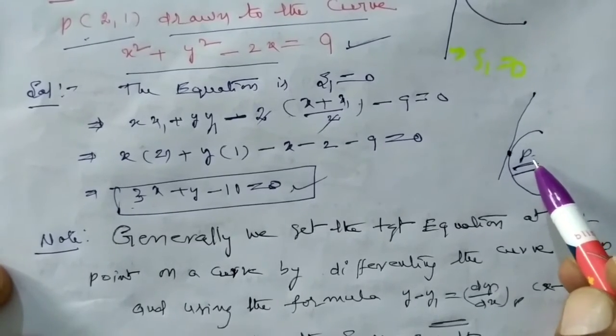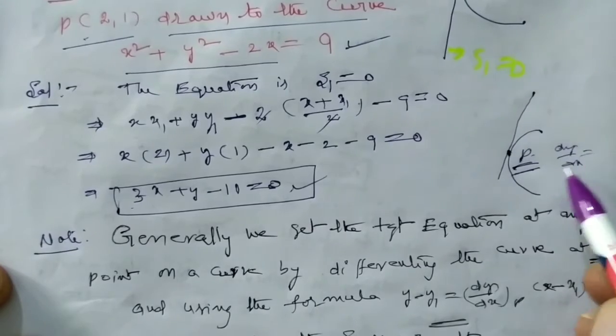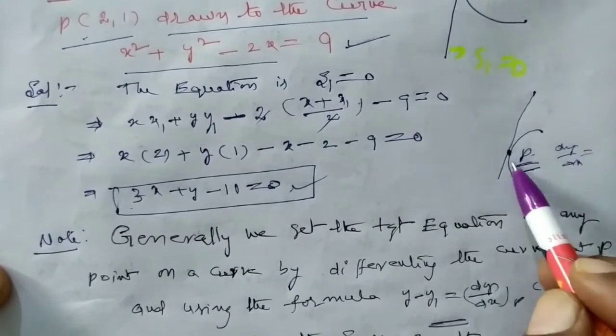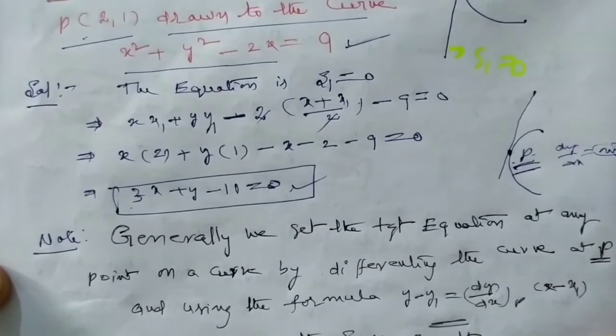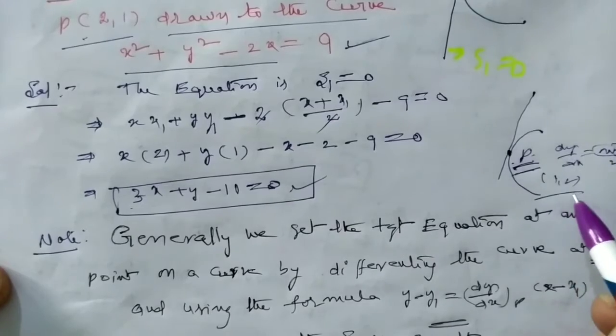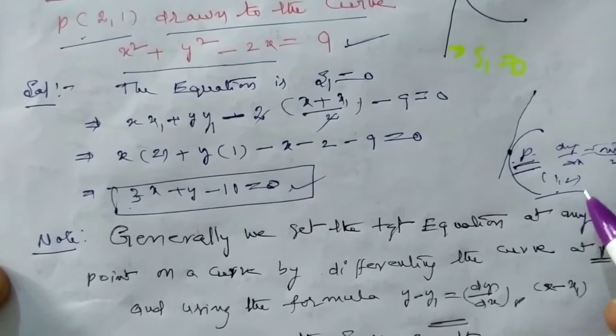We have to find the slope of the line, that is dy by dx, at that particular point. At that point you will get the slope, and using the slope and the point, we use the slope and point form.